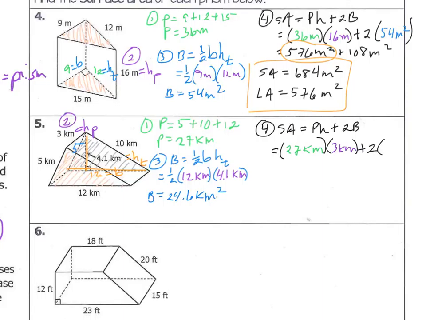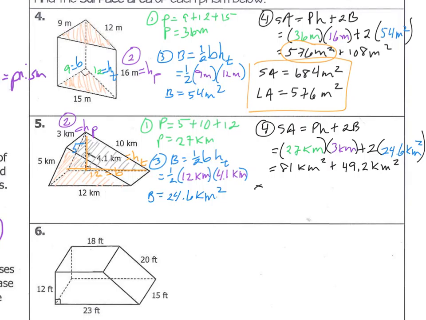Plus 2 times big B is 24.6 kilometers squared. I'm going to squeeze it in there. So again, work them separately. 27 times 3 is 81 kilometers squared, plus 2 times 24.6 is 49.2 kilometers squared.